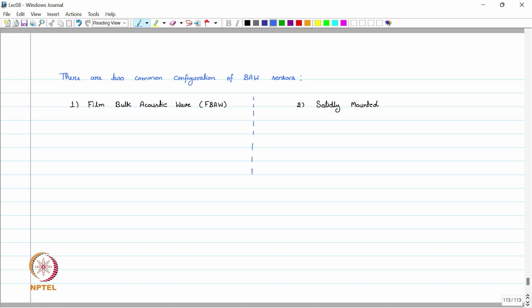So these are two types. Let's discuss how each of these looks.